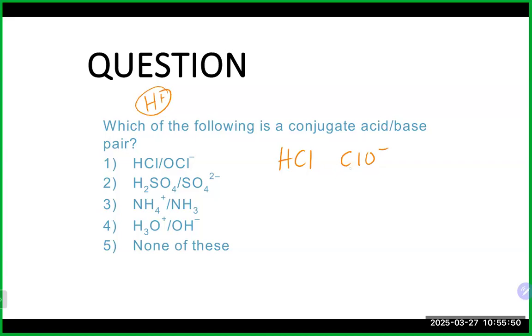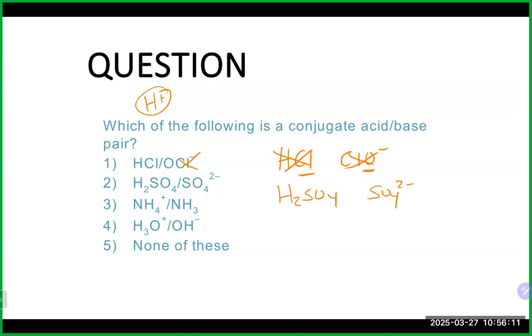Obviously there is an H plus difference between these, but there is also an oxygen here that this one doesn't have. So that would mean they are not related to each other, and they're not conjugate acid-base pairs. Now we take a look at the next one, which is this and this.